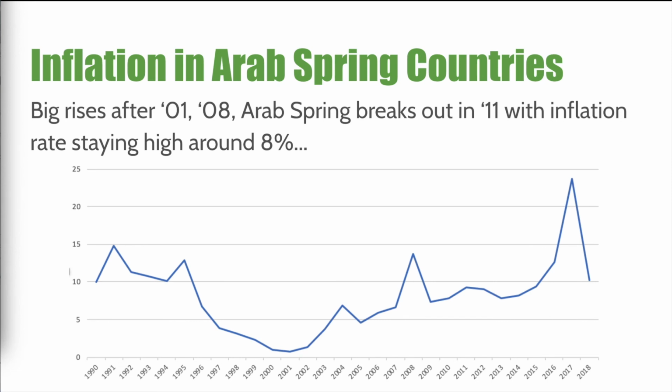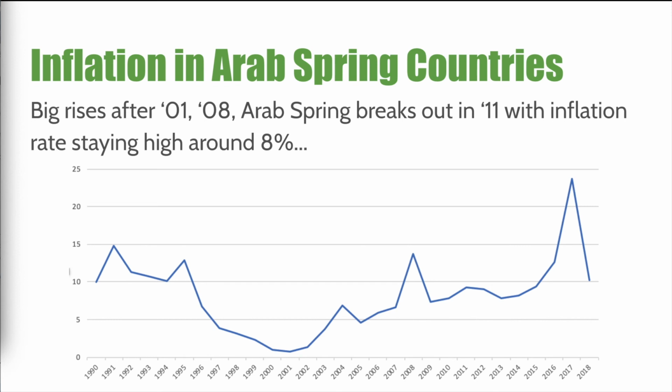So Egypt and Libya are strongly represented, and then Yemen, Syria, Tunisia, Bahrain have smaller GDPs, so they're less represented in the inflation rate. But you can see that there are big rises starting around 2001, and then there's a big rise right in 2008. And then the Arab Spring actually breaks out around 2011.